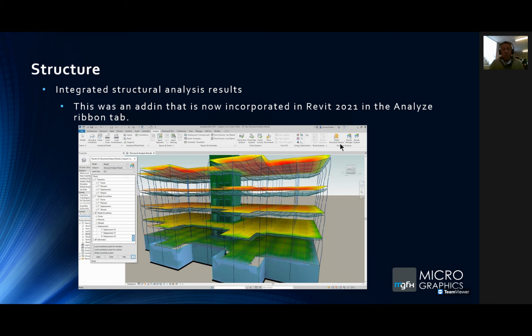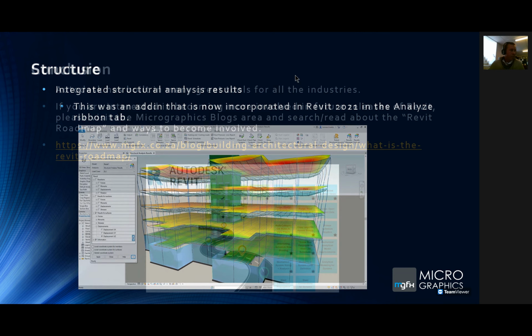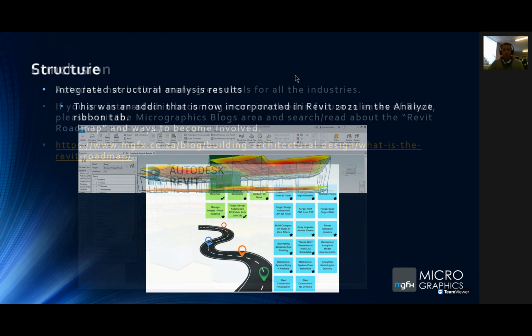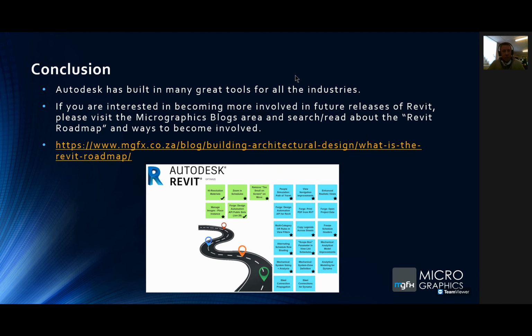A great enhancement within Robot is that they have now, in 2021, added code checking for the South African SANS standards. So there's a great enhancement and a workflow for structural engineers to do their analysis in Robot as well. Okay, so that's basically the structural side, and also all the platforms.